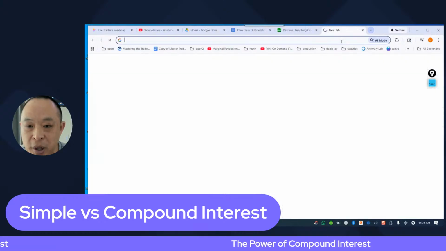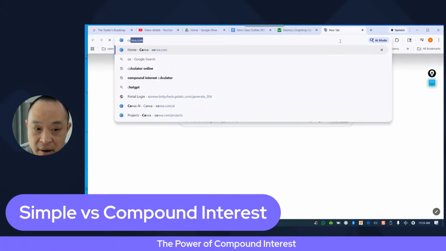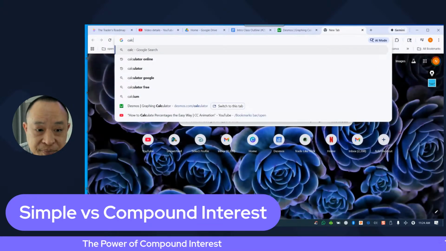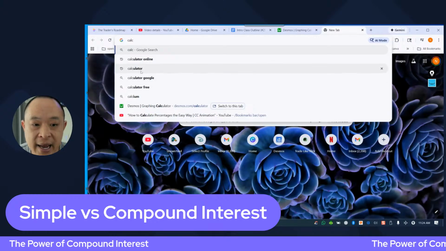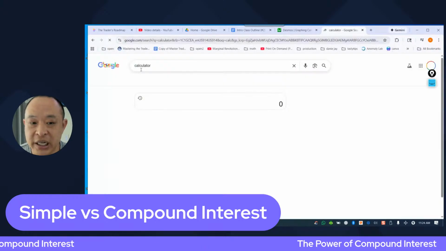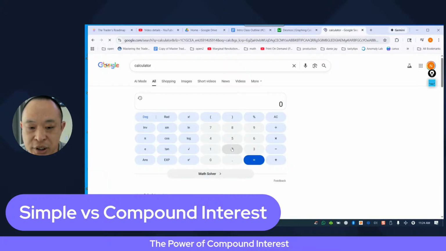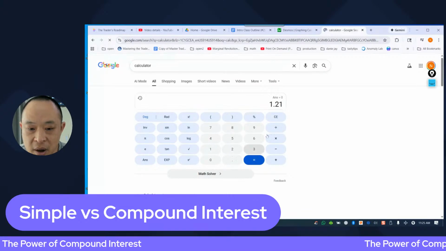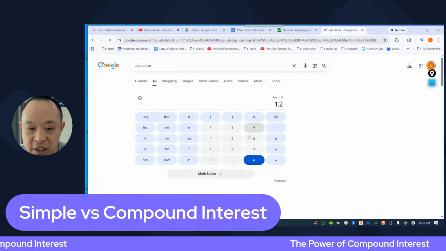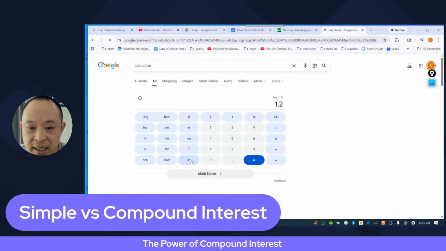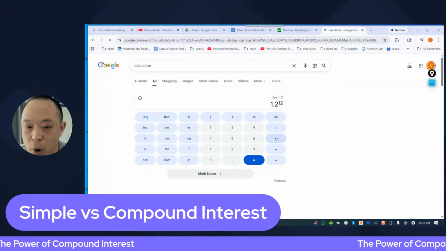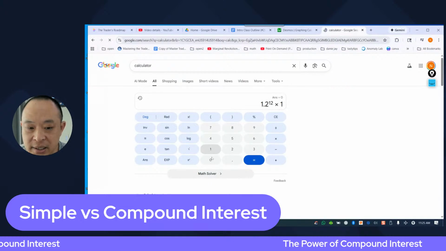So if I pull up my calculator, right, watch. You'll see that the value actually equals that amount. So if I go 1.20, the exponent we're going to say is to the 12th power, right? And I'm going to multiply that by 1,000.